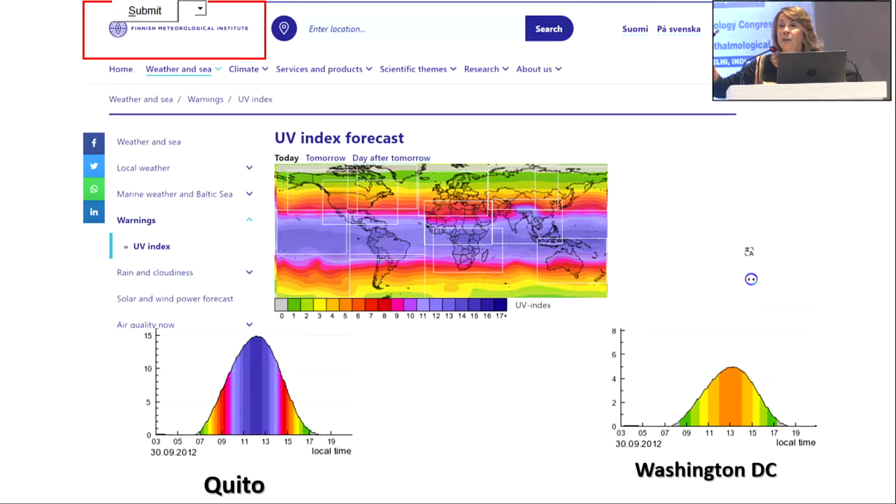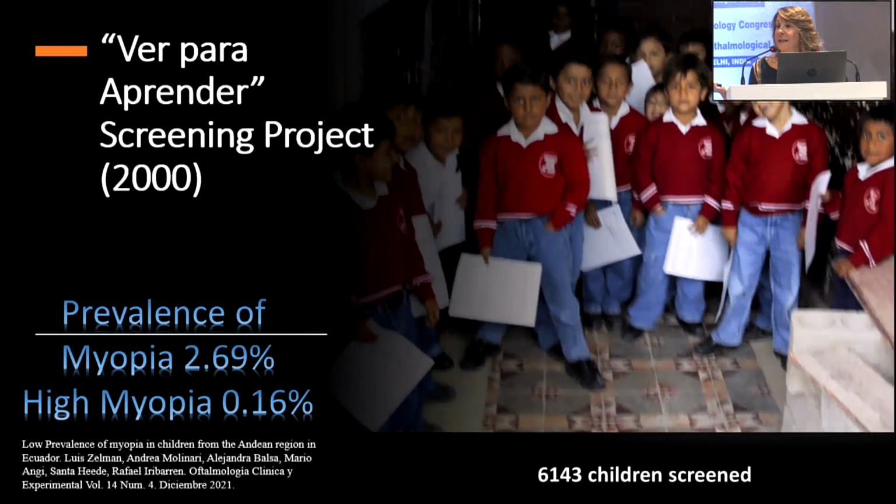Above 3, skin and eye protection is recommended. In Washington, D.C., the same day, at the same time, they only reach 5. So this, together with our genetic pool, makes that the prevalence of myopia is very low in our population. Of course, this is also changing as in the rest of the world.